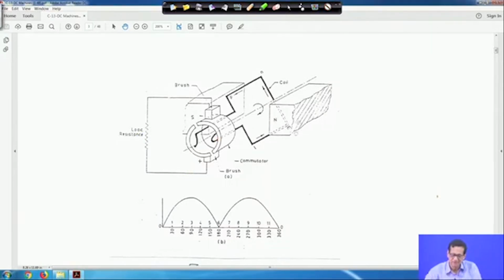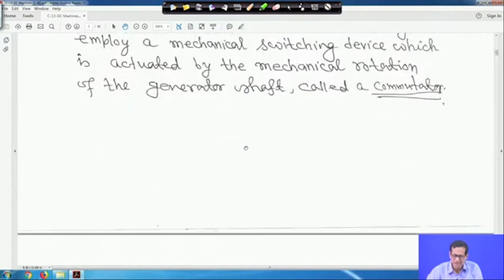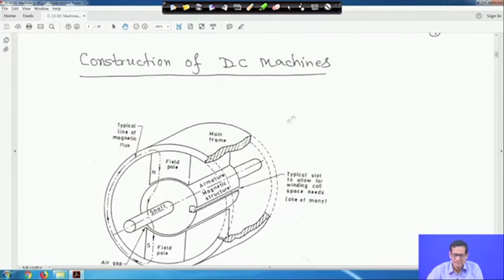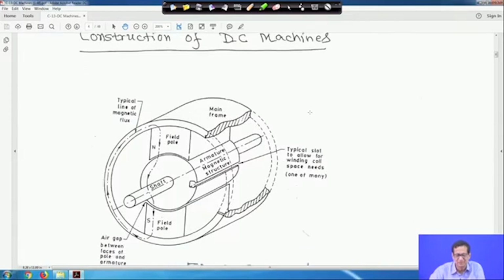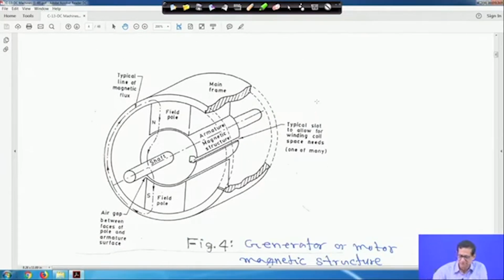Now, the construction of a DC machine. I have taken this diagram from a book, just for your general knowledge. This is the typical line of magnetic flux, this is the shaft, this is the armature, and this is the magnetic structure.